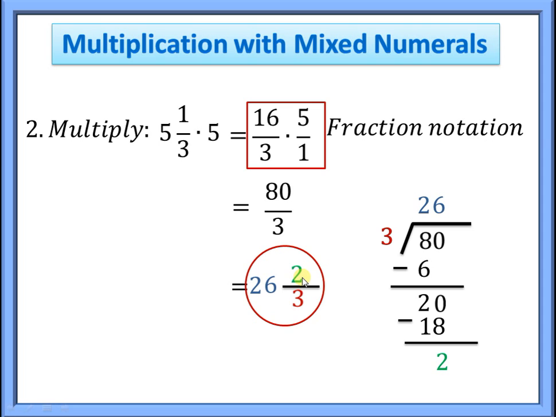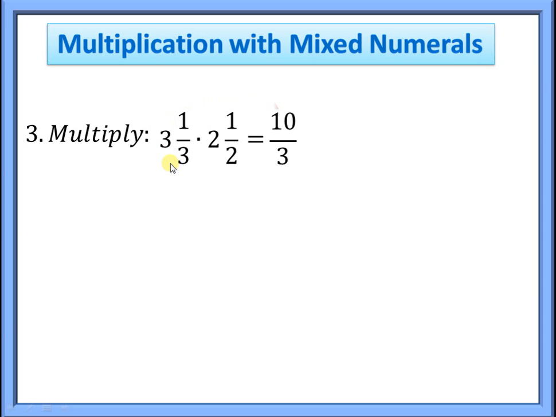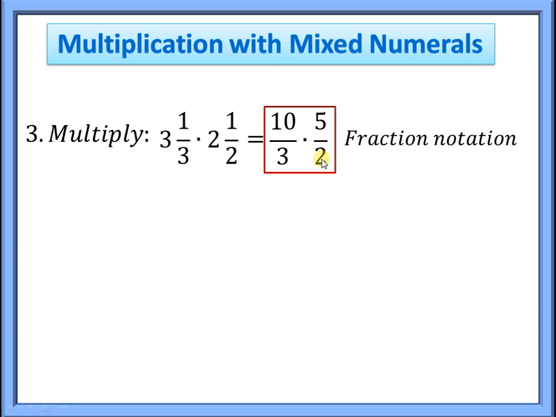Okay, let's have one more. Multiply 3 and 1/3 and 2 and 1/2. We're going to change these first to improper fractions. It will look like 10/3, while the other one, 2 times 2 plus 1, will be 5 with the denominator of 2.